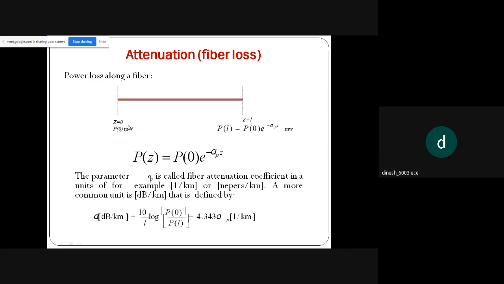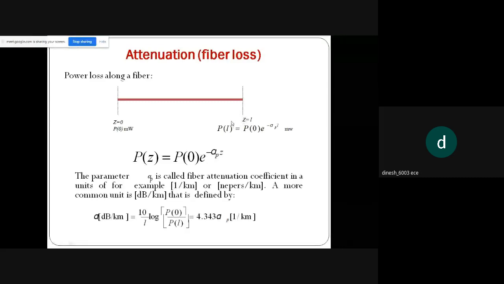Z equal to 0 is where the power is measured at the transmitter, the starting point. Z equal to L is the point where the optical fiber gets terminated, or the receiver point is reached.